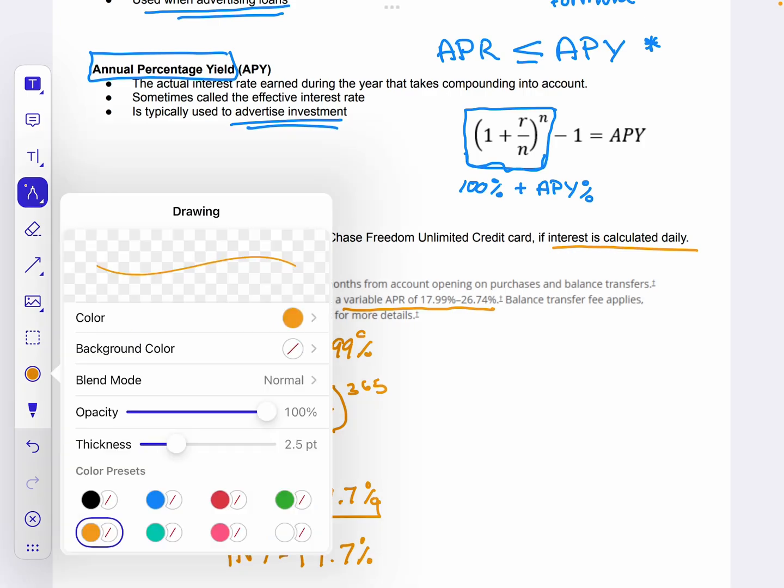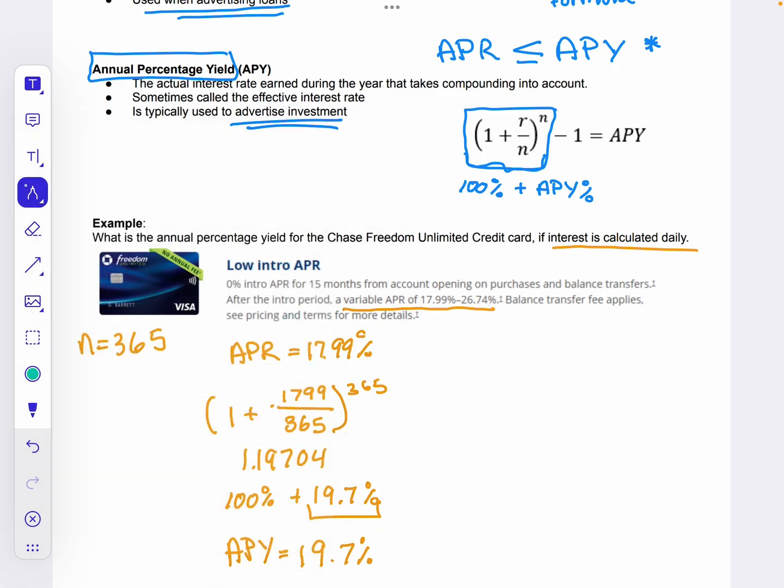Now, not everyone gets the low end. So what if you had the high end APR? So you had an APR of 26.74%. What would my APY be? And I'm going to look at this one a little differently. So this one I changed into a decimal. I'm still going to have that 1 plus 0.2674 all divided by 365 to the 365 power. And remember, we're going to minus 1.